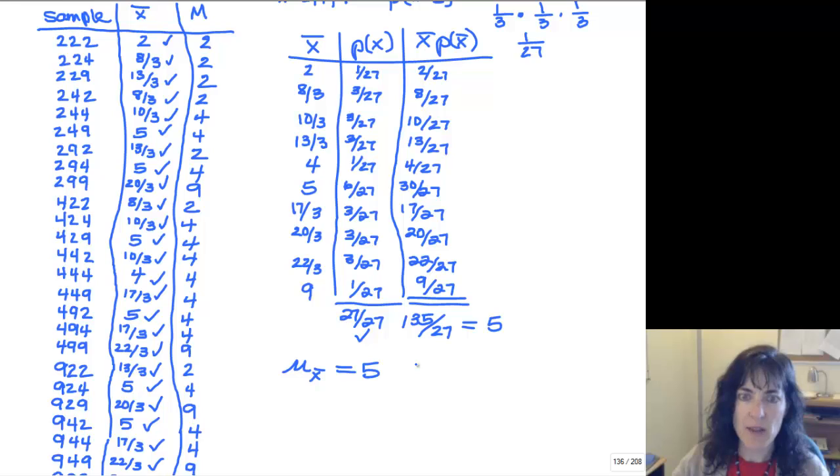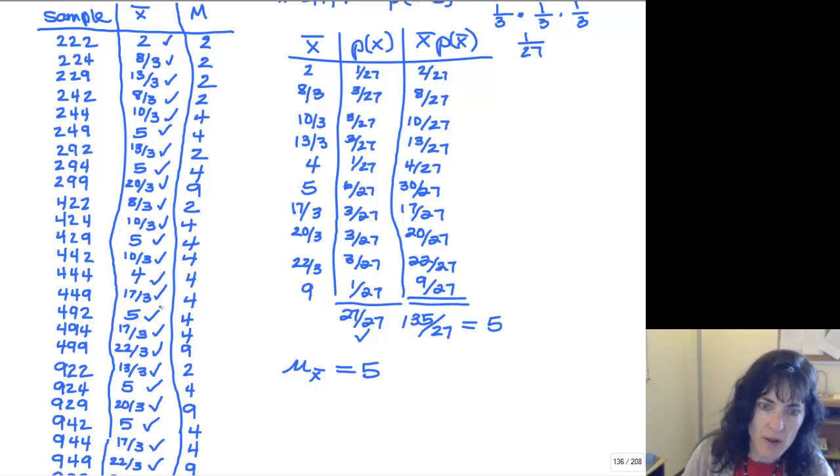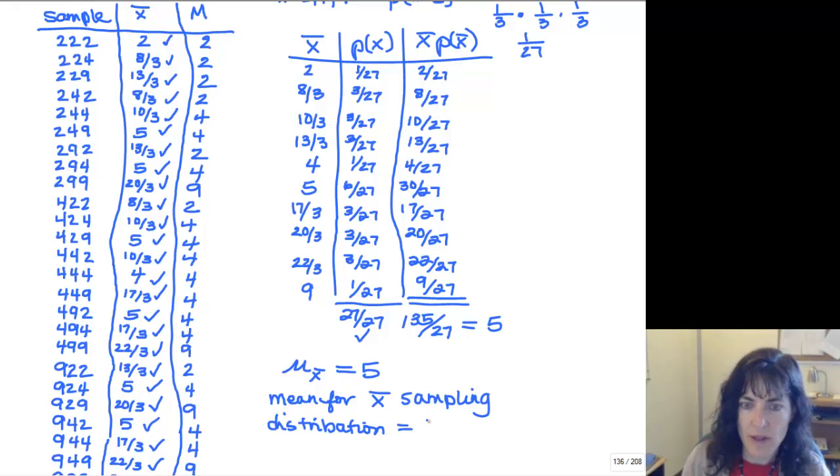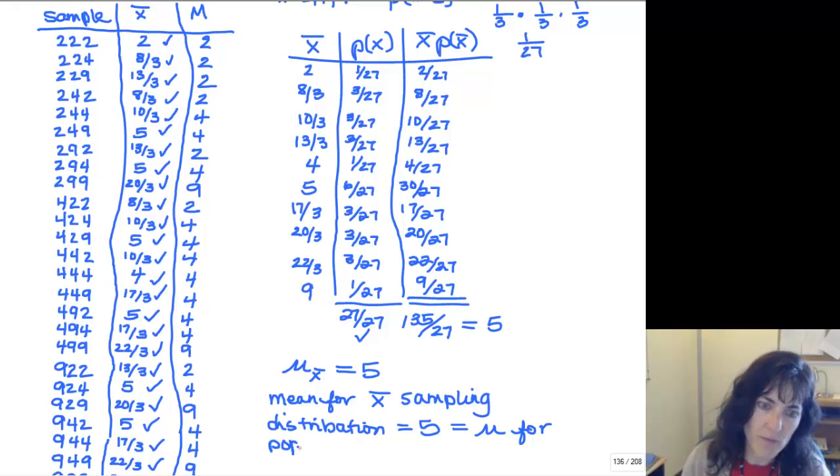So I can say that my mean for my X-bar sampling distribution equals 5, which equals mu for the population.